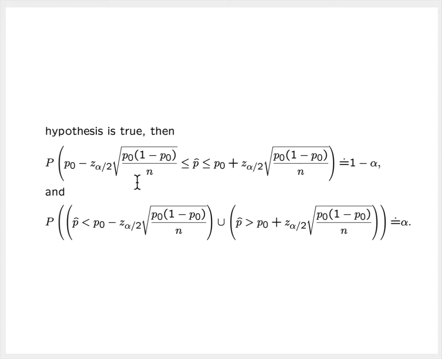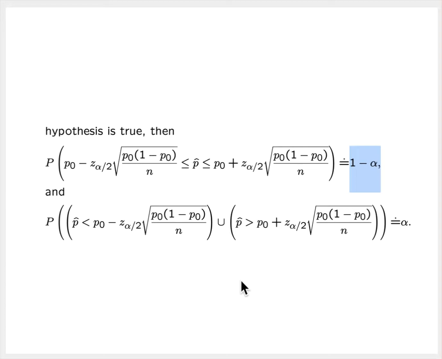Well, values of p hat that are greater than or equal to that value and less than or equal to that value. And the probability of our seeing values of p hat between those two quantities is approximately 1 minus alpha.